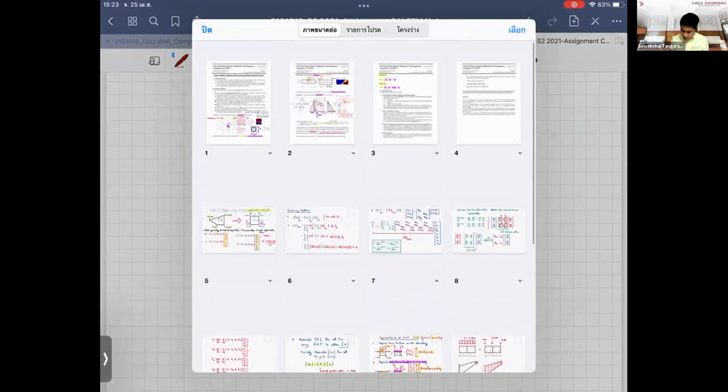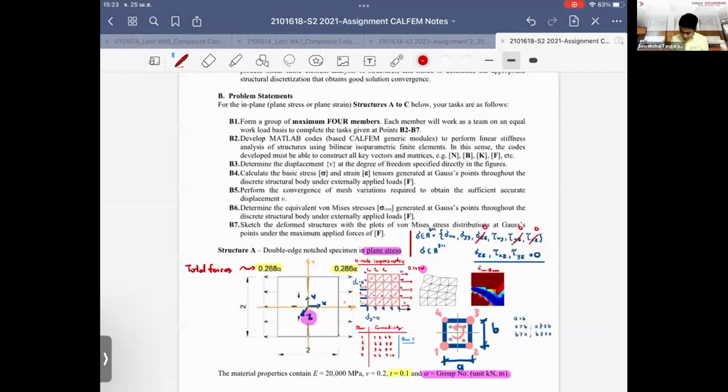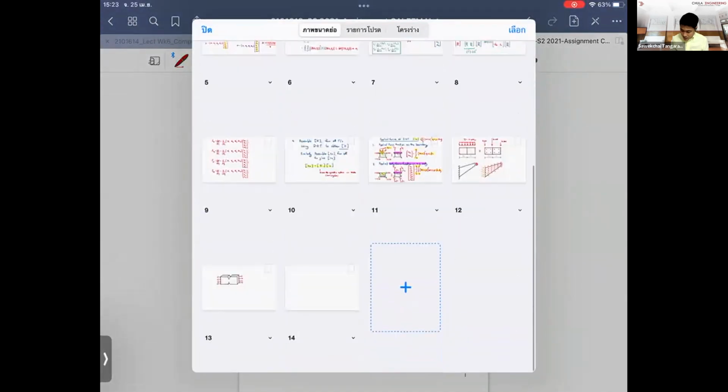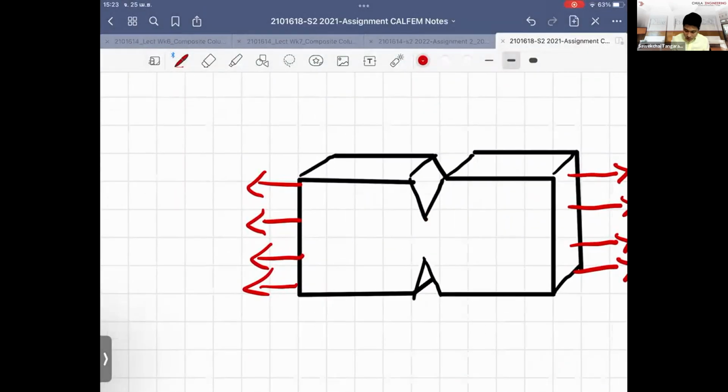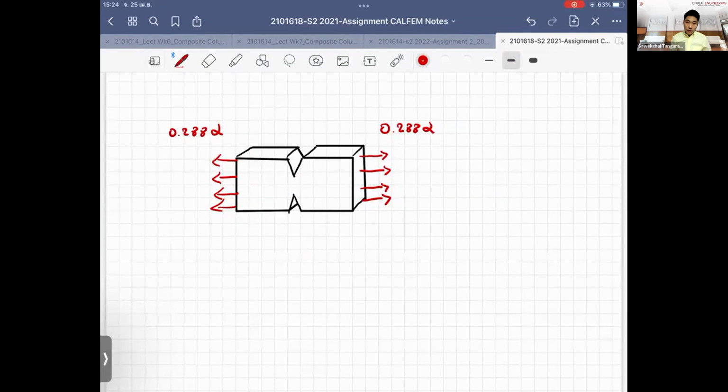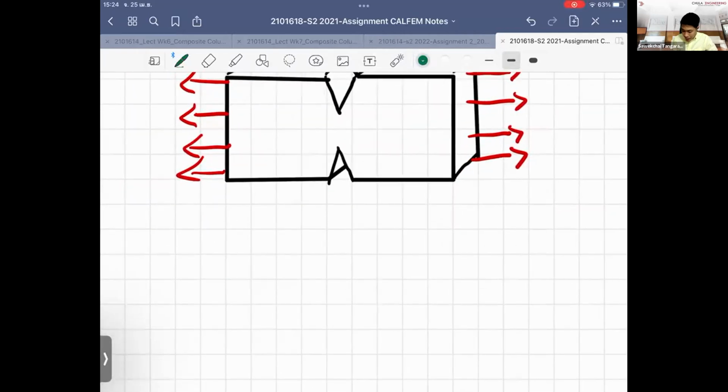Yes, it's an alpha, so it might be some type of function of alpha, according to this example, and this is the sum of the applied force. This is the real structure we'll be looking at, and we want to apply the concept of the finite element to solve it.